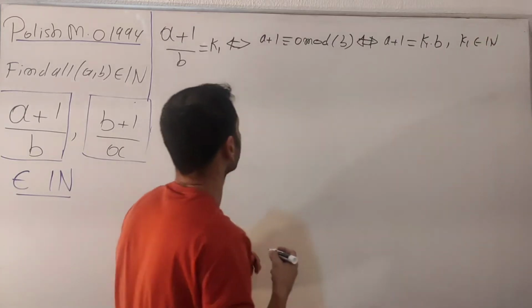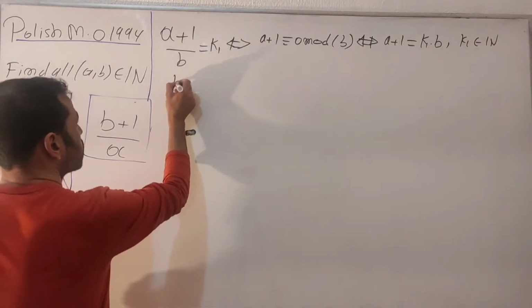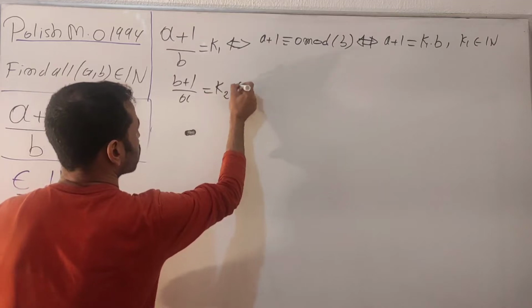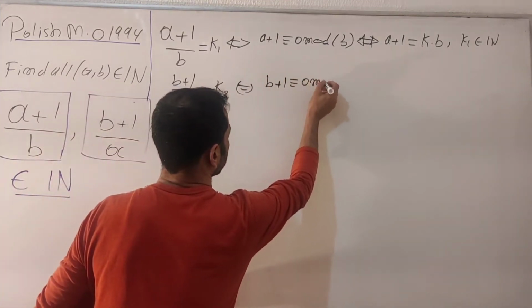Okay, I'll have the same argument for the second one. I get b plus 1 over a, which equals k2, equivalent to b plus 1 is congruent to 0 mod a.